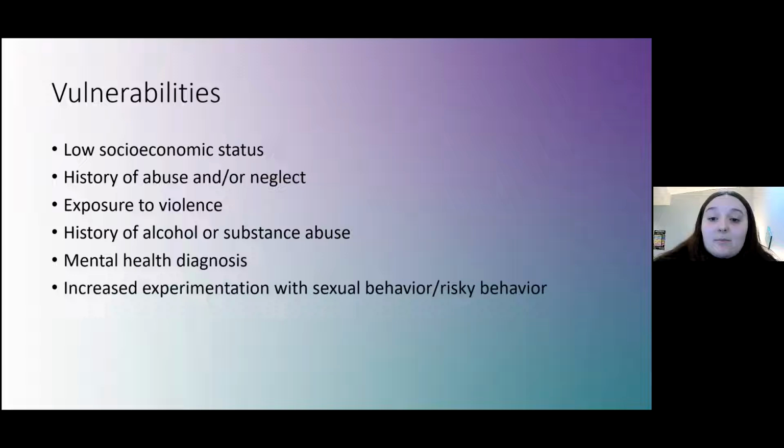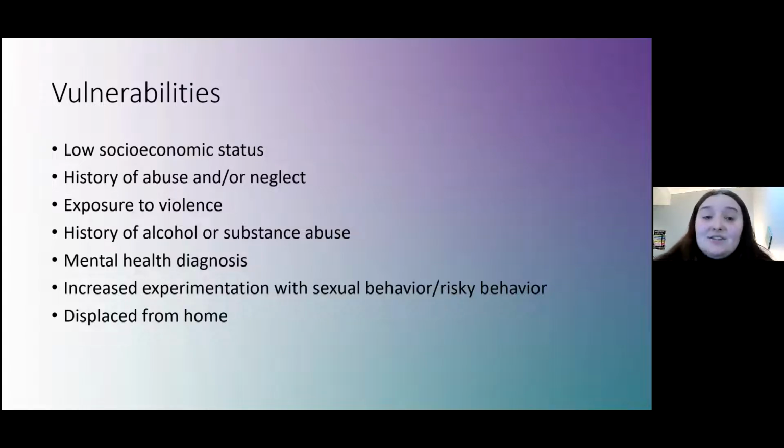Increased experimentation with sexual behavior or risky behavior. So unprotected sexual activity, sexting, talking to strangers on the internet. Those are all three examples. And displaced from home, whether that means the youth is in foster care, the youth is a runaway, or youth that is moved from home to home to home.